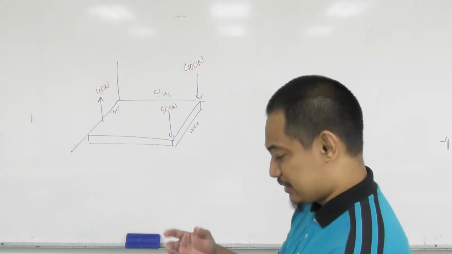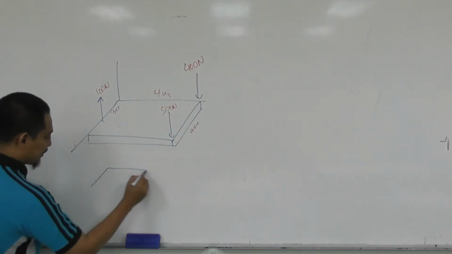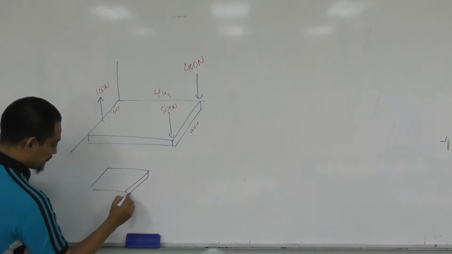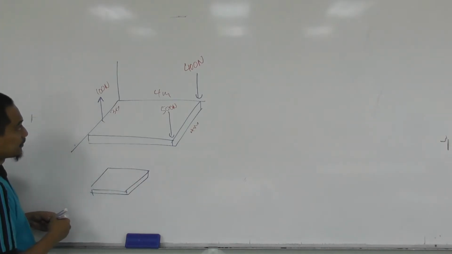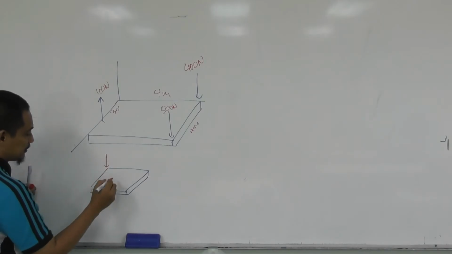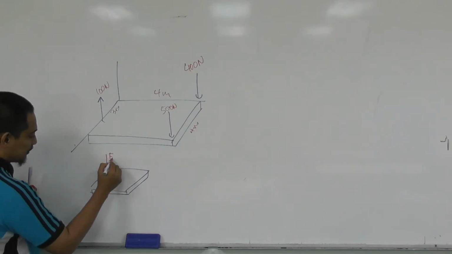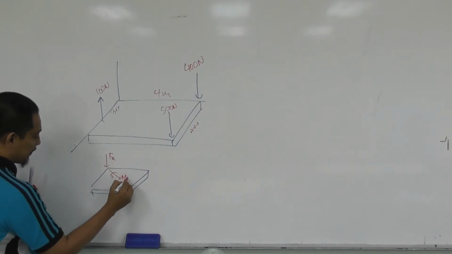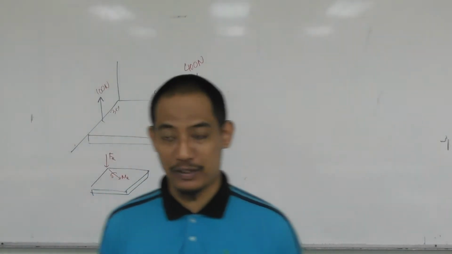Right. So the idea is like this. So what we want is basically, in the end, the first step is to shift everything to this point, right? For example, like this and something like that, right? So FR, MR. So that's basically the idea of what we need to find.